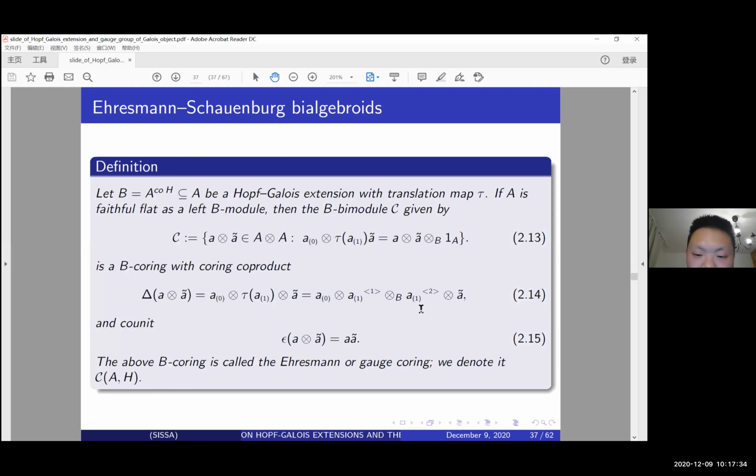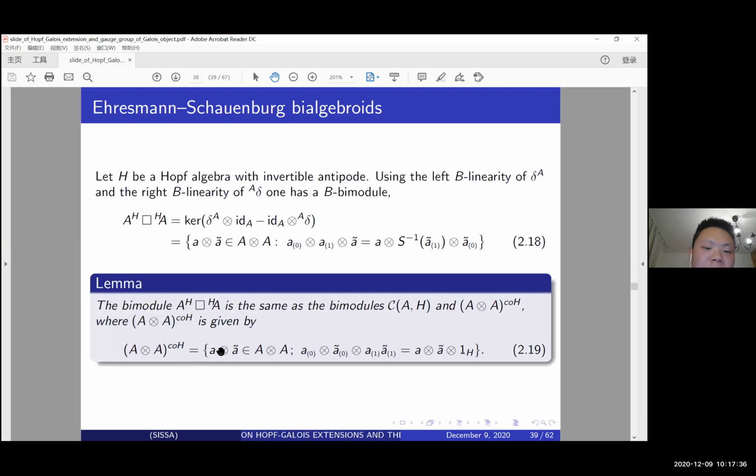And here we can see the Ehresmann algebra is just a collection of a co-invariant subalgebra of the diagonal coaction. So that's why we call it the Ehresmann-Schauenburg algebra, the quantum gauge group point.